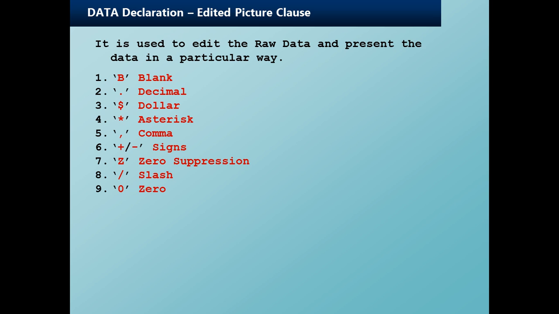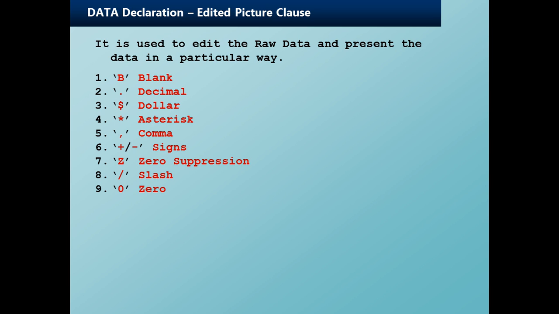Now if you see, instead of V, if I give a dot, that means it is actually physically holding a byte for the decimal now. Typically, an implied decimal is for our understanding, but when we want to display the variable, we want it to explicitly show the decimal point, so as not to confuse the programmer or the end user, whoever is seeing it. So for output variables, generally we put the decimal.